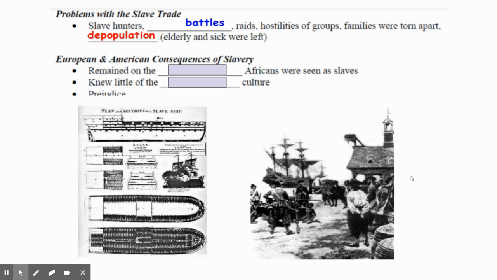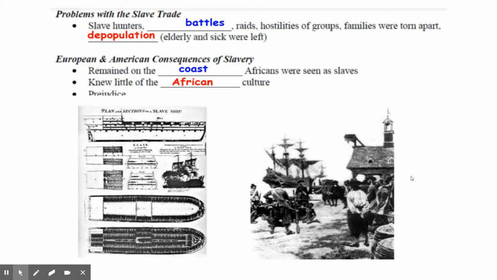When you talk about Europeans and Americans as far as the consequences of slavery, for the most part, slavery did remain on the west coast of Africa because that's where these Europeans were pulling people.